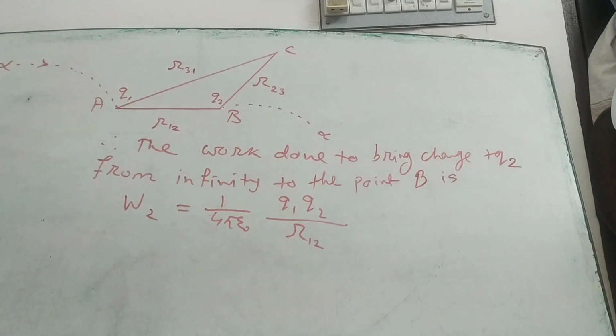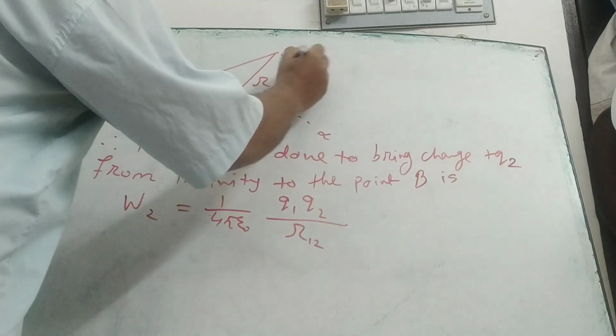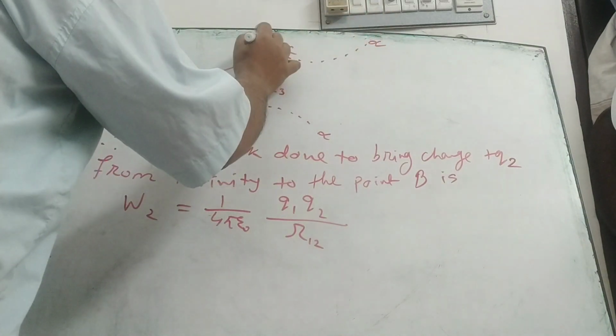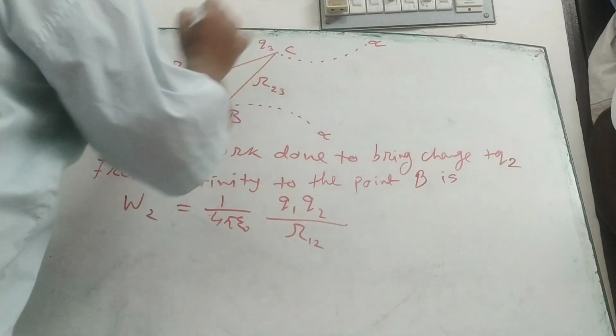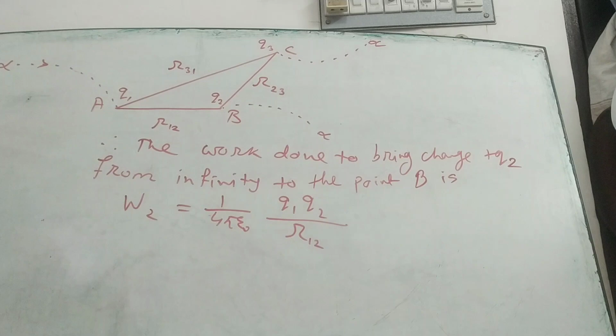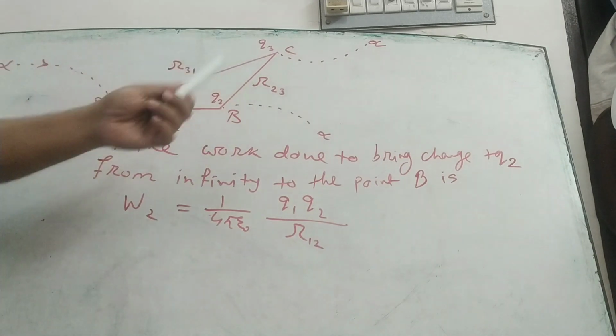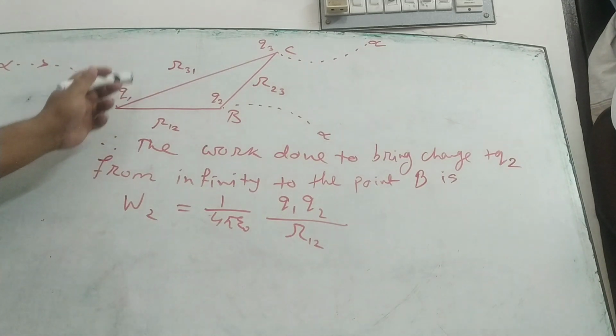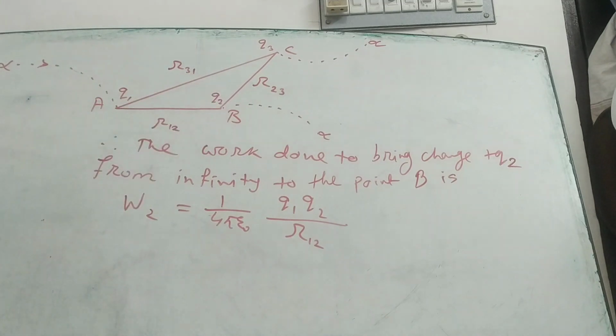Now we bring another charge q3 from infinity to the point C. Now q3 experiences the resultant force produced due to the q1 charge and the q2 charge.